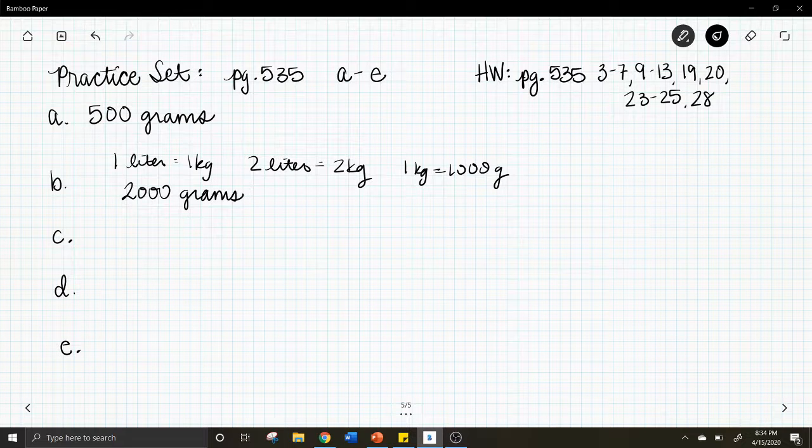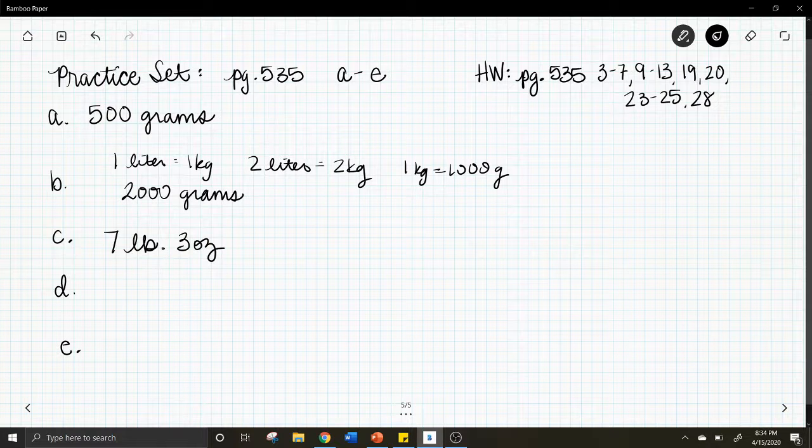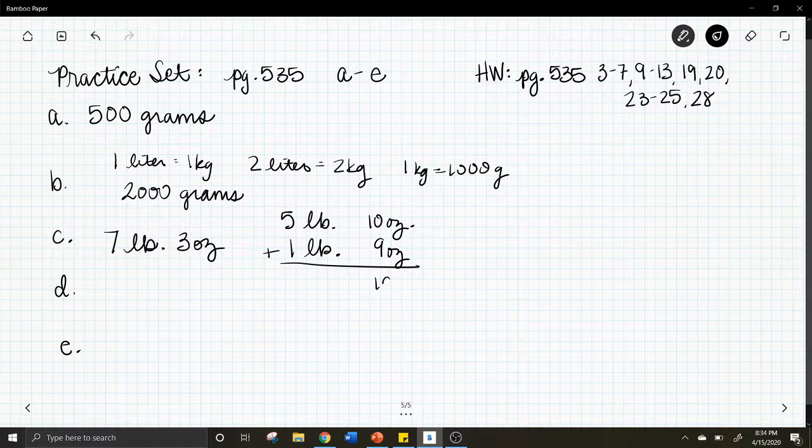Next, letter C, we're going to add our columns. 5 pounds and 10 ounces plus 1 pound and 9 ounces is going to be 7 pounds and 3 ounces. Let's go over that one really quickly just for those who might still be confused by how to do this. It would be 19 ounces, 6 pounds, but 19 is too many ounces.